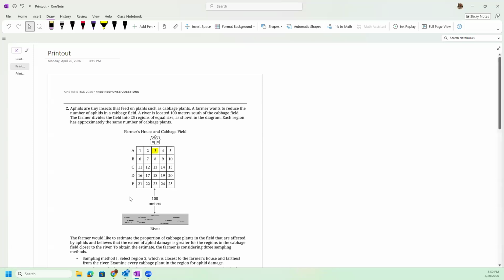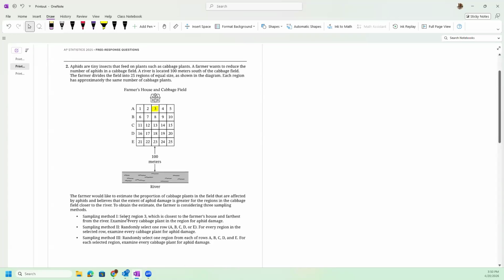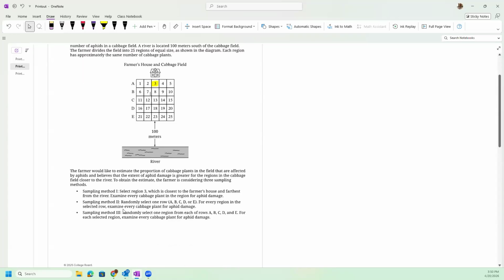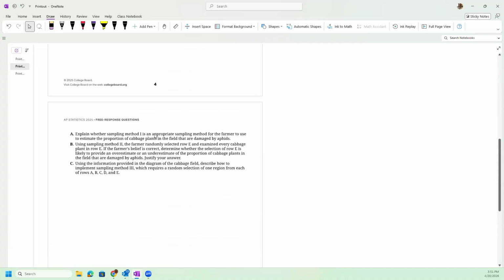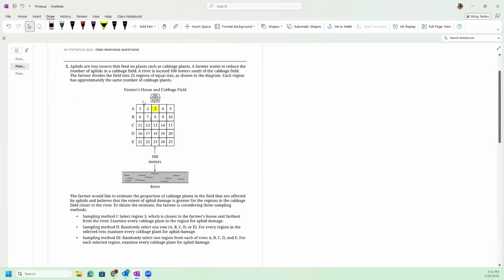So the first method here is a bad sampling method, and that's actually what the first question is. The first question says, explain whether sampling method one is an appropriate sampling method for the farmer to use to estimate the proportion of cabbage plants in the field that are damaged by aphids. If I follow the logic, he believes that plots of land closer to the river have worse aphid damage.